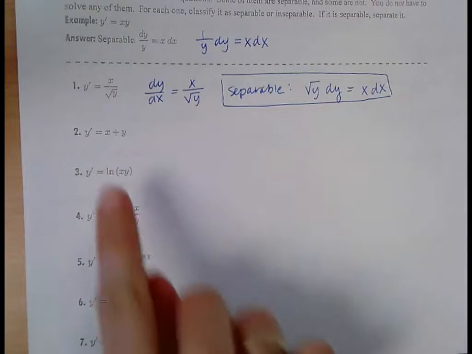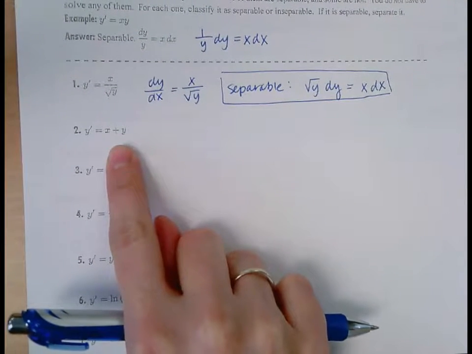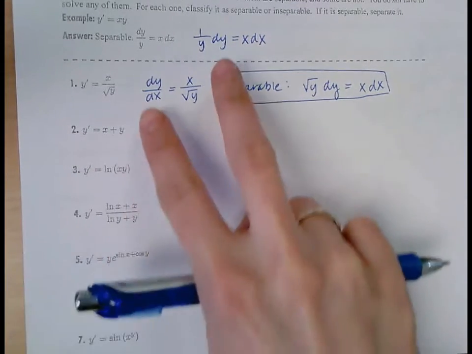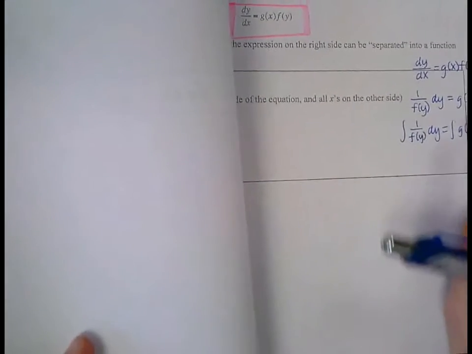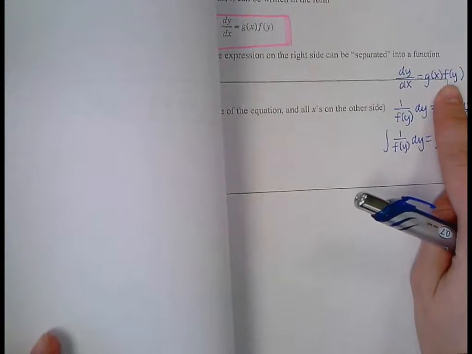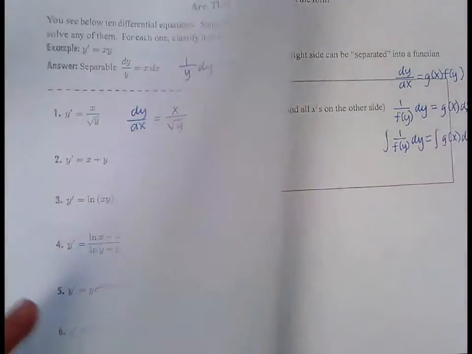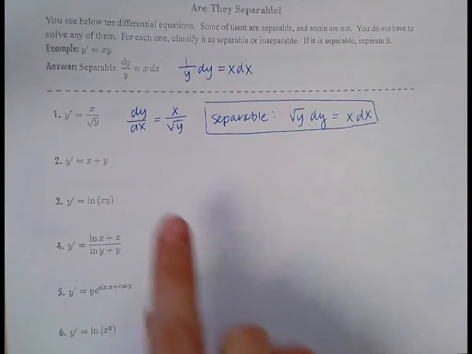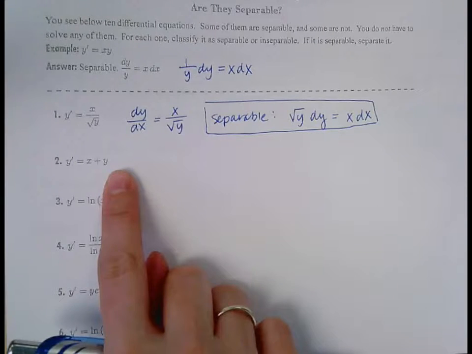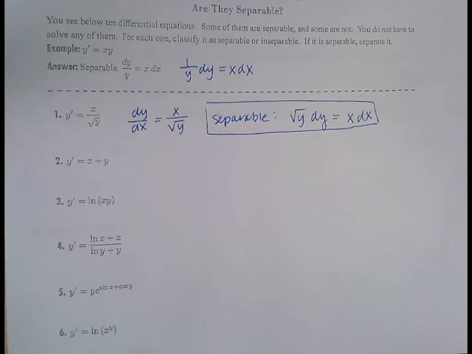What Danica is saying is x and y are being added together. So based on what we had talked about, where you're multiplying each side by the reciprocal of f of y, that could be either multiplying or dividing by your expression with y. Here we wouldn't be able to multiply or divide to get y on one side, x on the other.